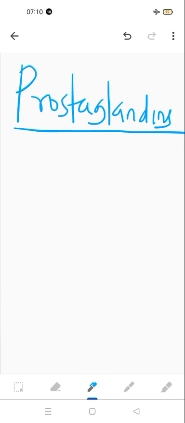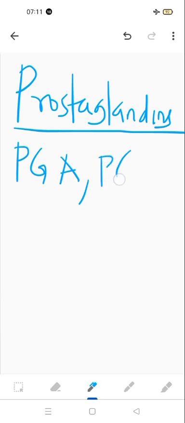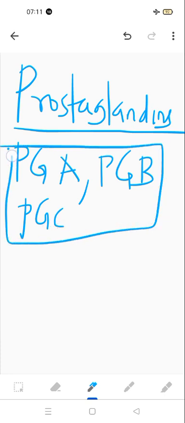This first lecture aims to talk about the structure of, and some of the classes of, prostaglandins that we've got. I'll classify some of these prostaglandins based on the similarity in their functions. So we've got prostaglandin A, prostaglandin B, prostaglandin C, belonging to the first class that I will call class 1 prostaglandin.